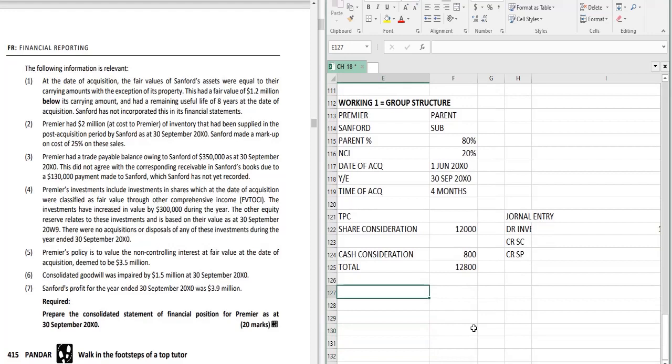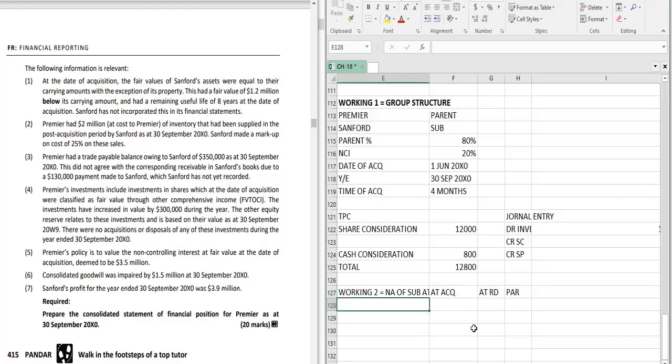So working 2. Working 2 is for net assets of the subsidiary at fair value at acquisition and at the reporting date, and post acquisition reserve.